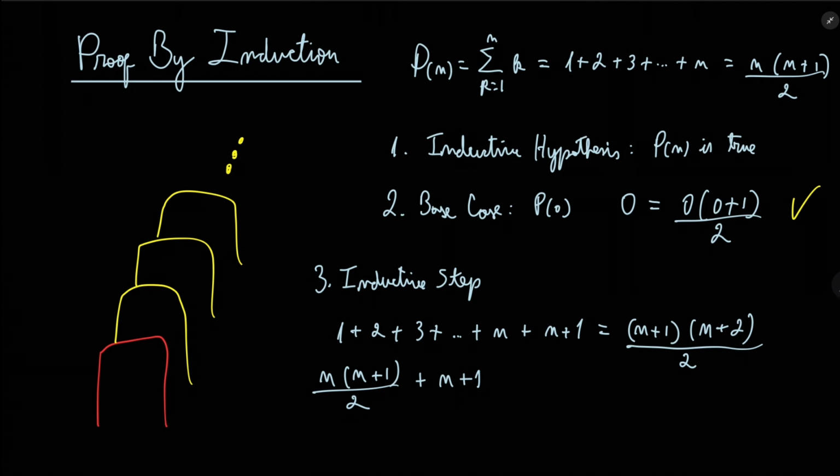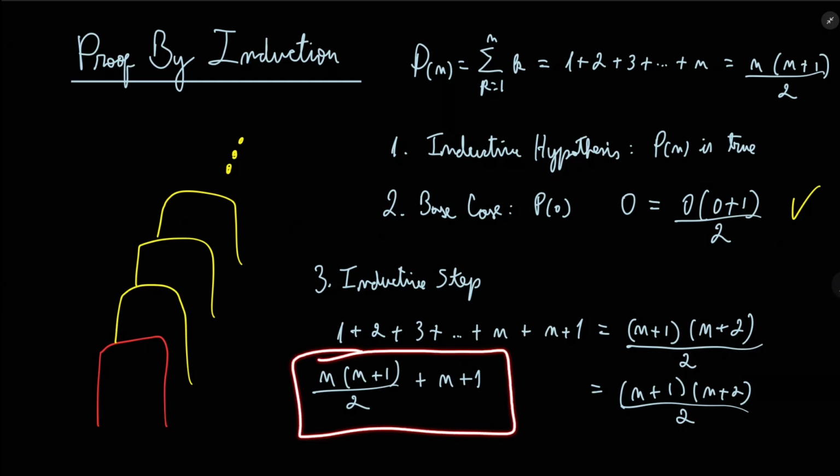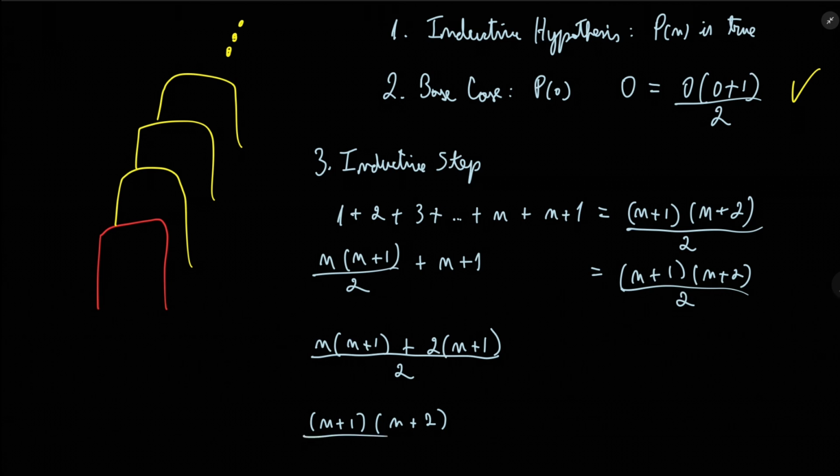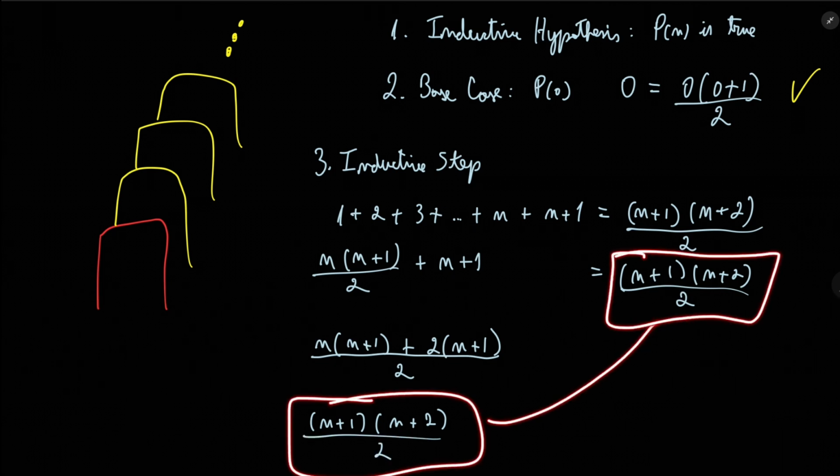So this is our new left-hand side, which is still equal to n plus 1 times n plus 2 over 2. Now, if we simplify the left-hand side, we get n times n plus 1 plus 2 times n plus 1 over 2, and this is equal to n plus 1 times n plus 2 over 2, which is precisely what we have in the right-hand side.